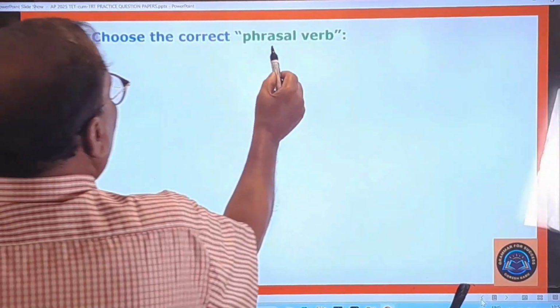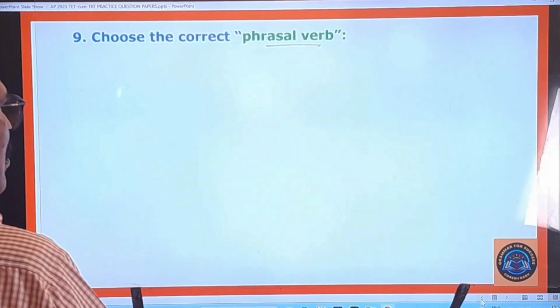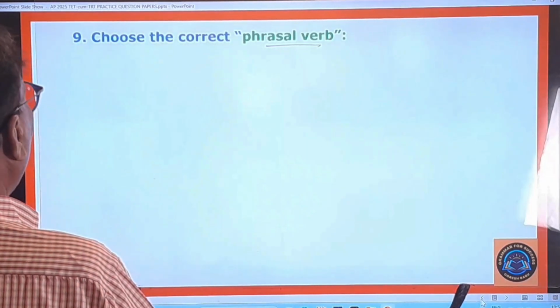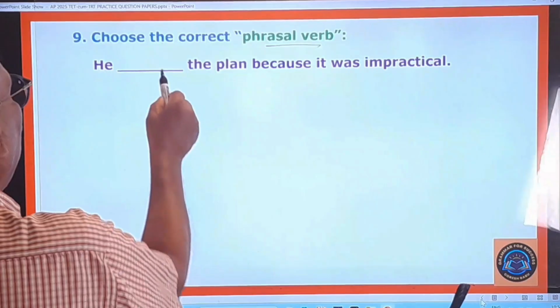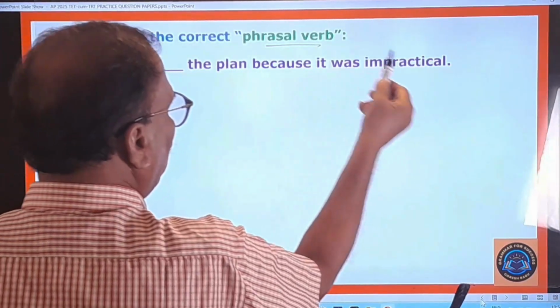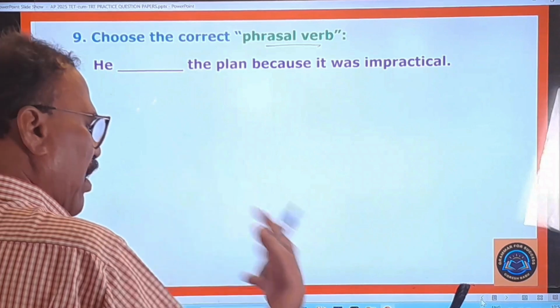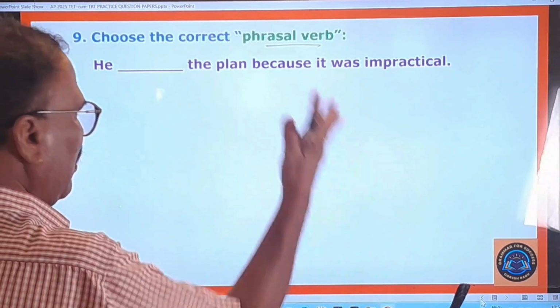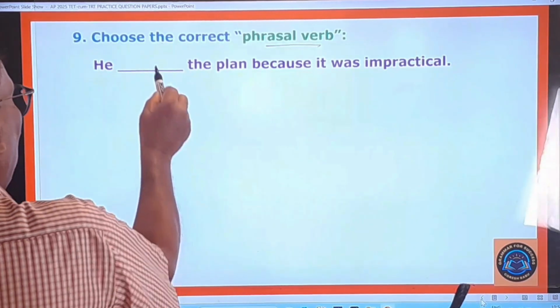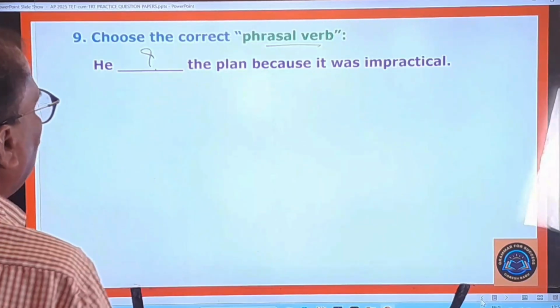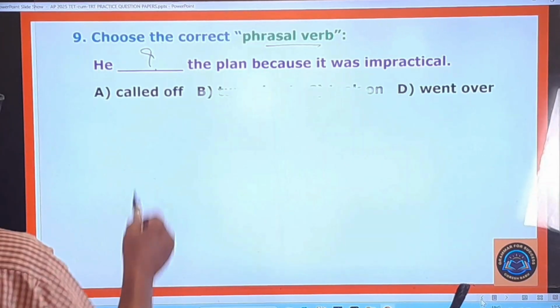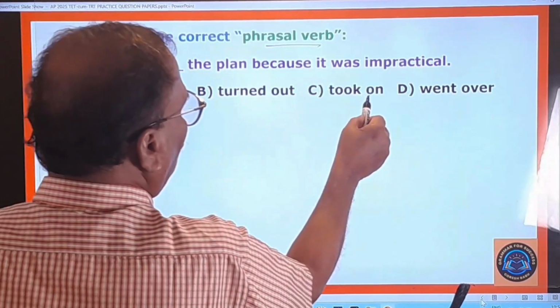Ninth one, choose the correct phrasal verb. He is asking you to choose the correct phrasal verb, but let us look at the question given. He dashed the plan because it was impractical. Impractical means that cannot be carried out, or that is impossible, in other words. But what is to be used in this blank? Let us now look at the given options. Called off, turned out, took on, went over.